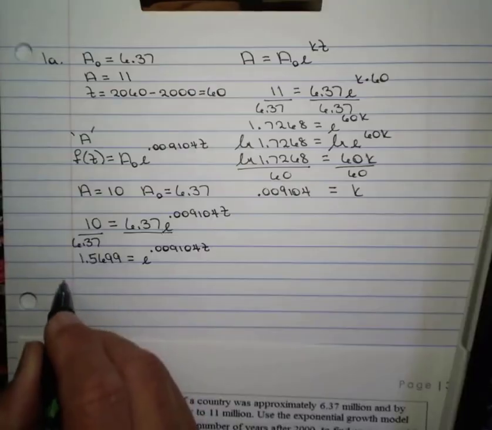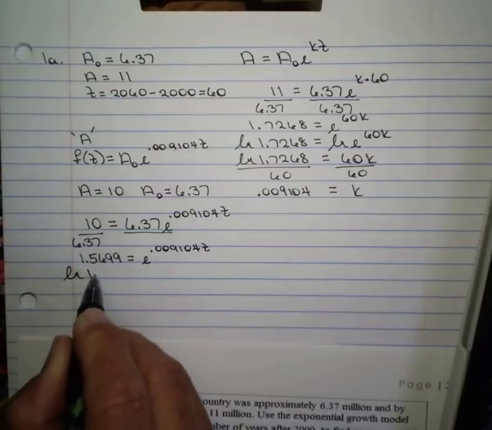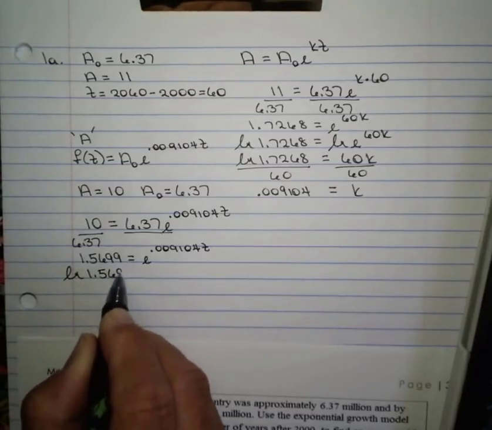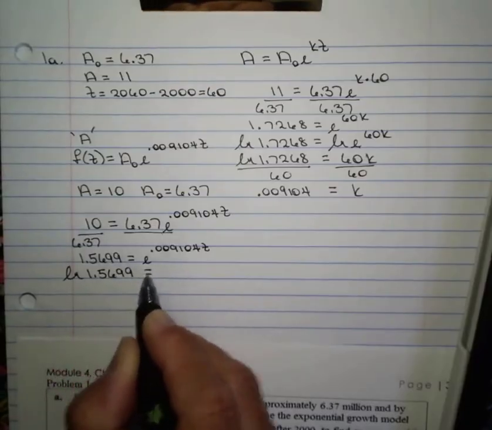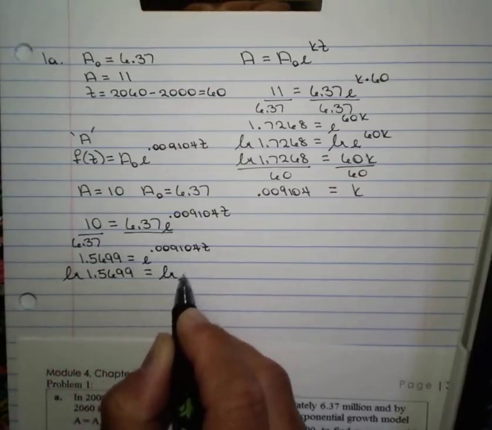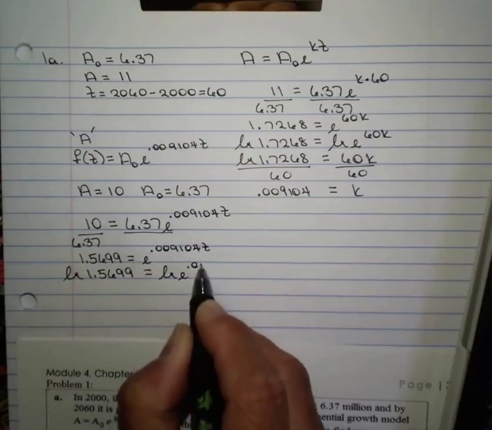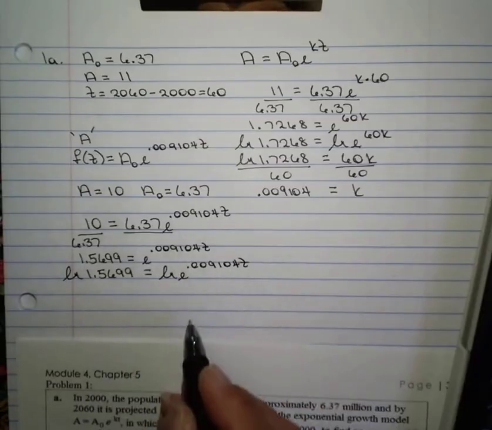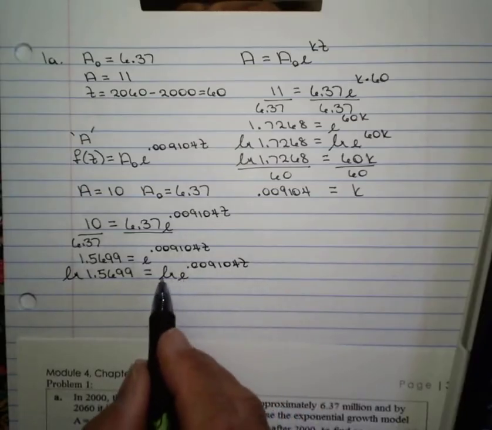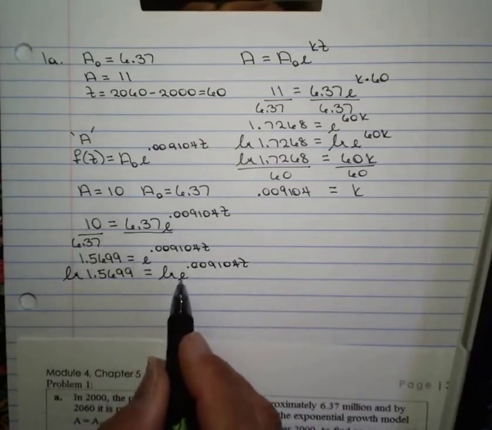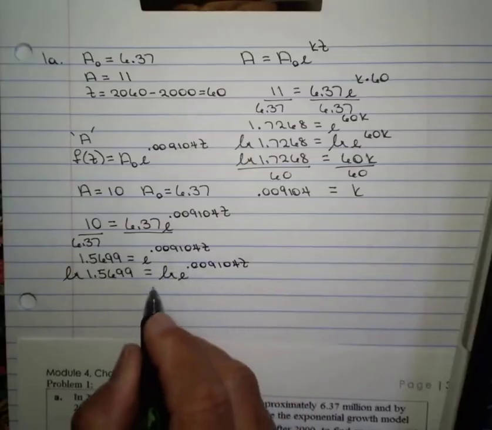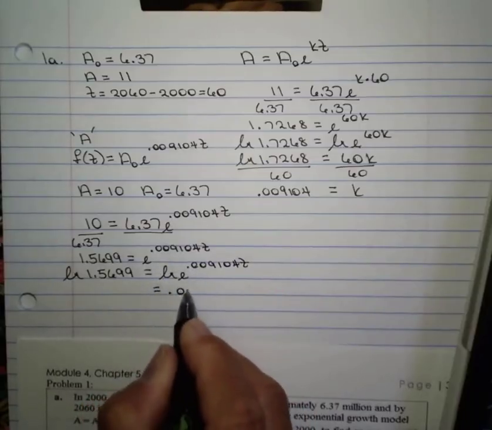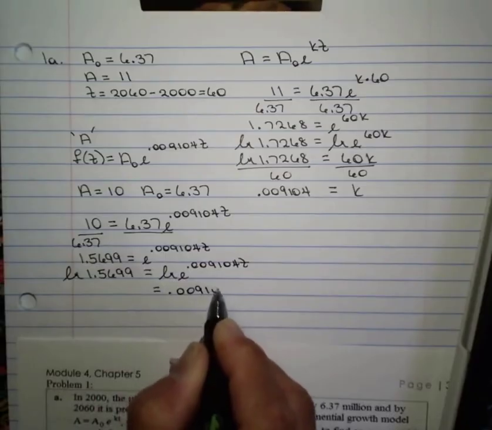Okay, so I'll say natural log of 1.5699 is equal to the natural log of e to the 0.009104t. Now, this once again is the log base e of e, isn't it? That's going to just be equal to that exponent.